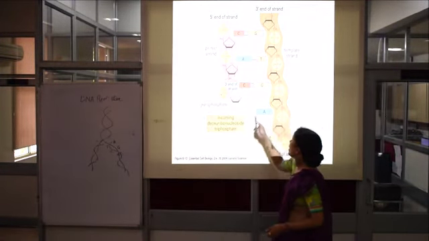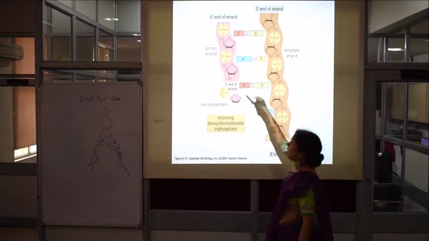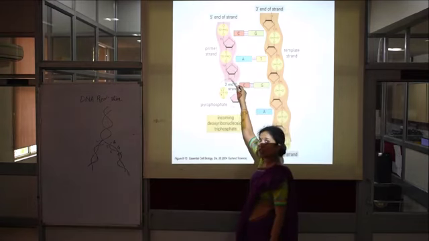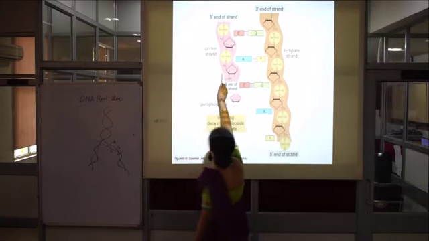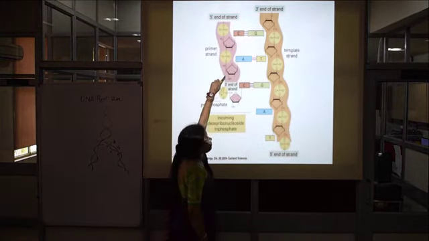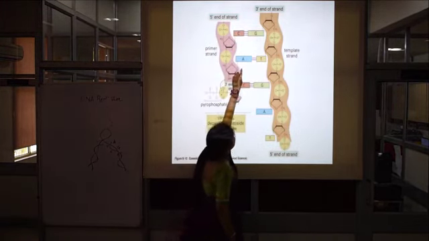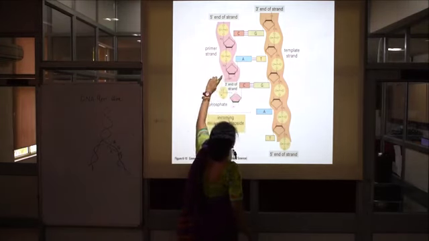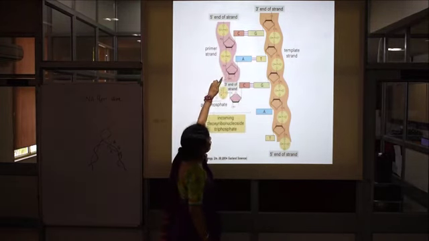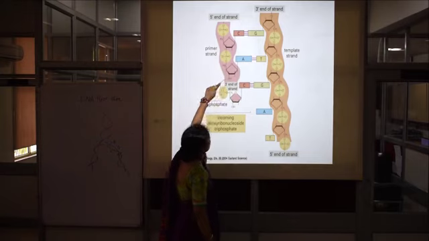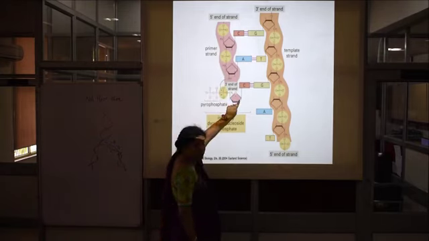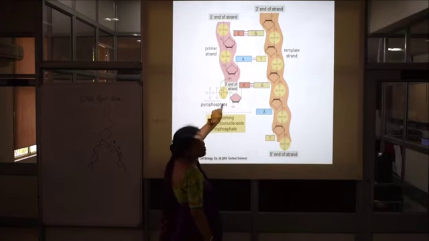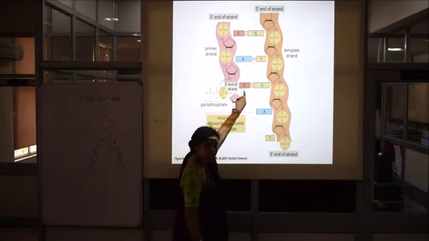For example, this is a parent strand and this is a newly synthesized strand which is getting replicated during DNA replication. This is the nucleotide, this is the deoxyribose, this is the base, this is the 5' phosphate. The 3' hydroxyl of this nucleotide is going to form the phosphodiester bond with the 5' phosphate of this incoming nucleotide, which has cytosine as its base.